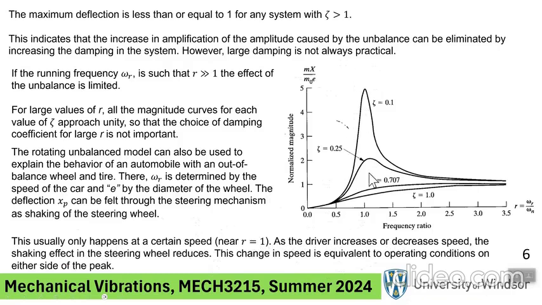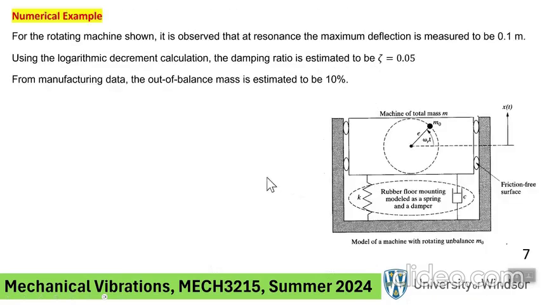Okay, at r equal to 1, you can view it as having resonance, but with increasing speed, you're going away from the resonance. This level of the amplitude of the vibration of the block, meaning the thing that goes up and down, is reduced. Okay.